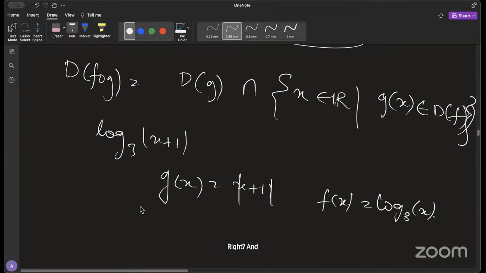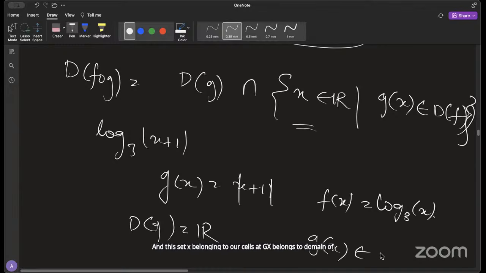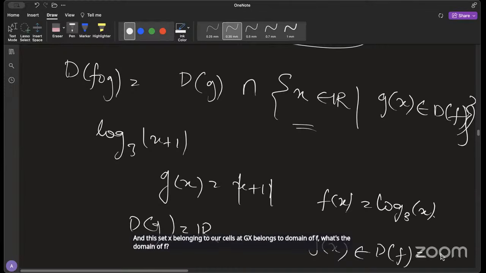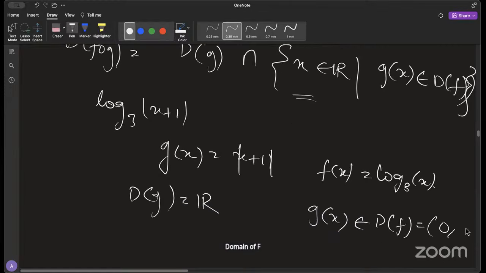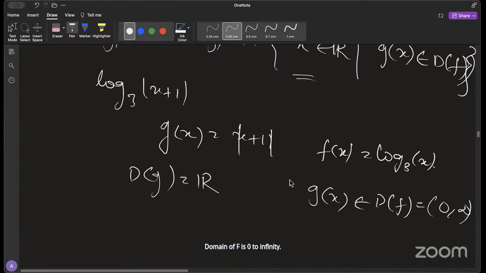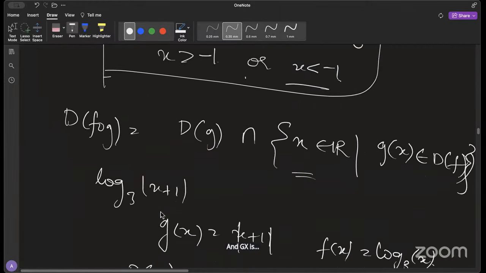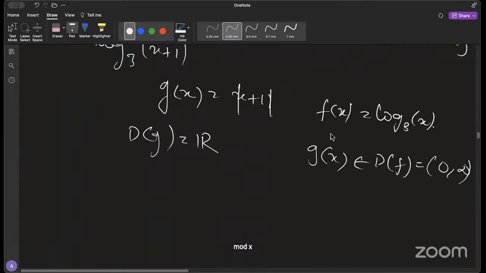If I apply this definition here, the domain of g is real numbers and this set x belonging to R such that g of x belongs to domain of f. What's the domain of f? Domain of f is 0 to infinity. And g of x is mod x plus 1. So this means mod of x plus 1 should belong to 0 to infinity.